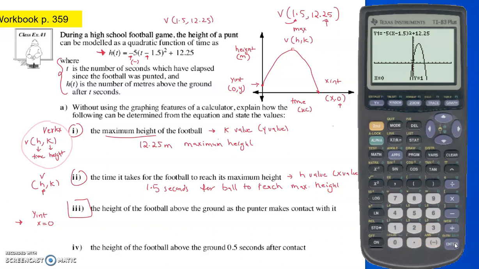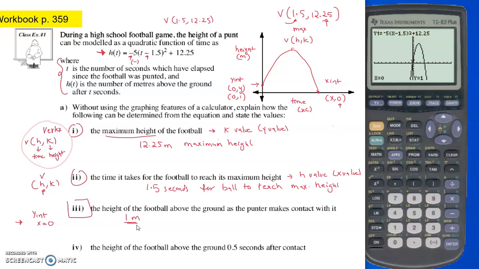Okay, so this lets us know that the initial height where it was launched was 1 meter. So apparently the punter was able to make contact with the ball 1 meter above the ground.